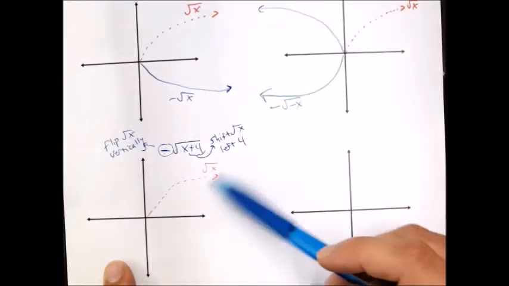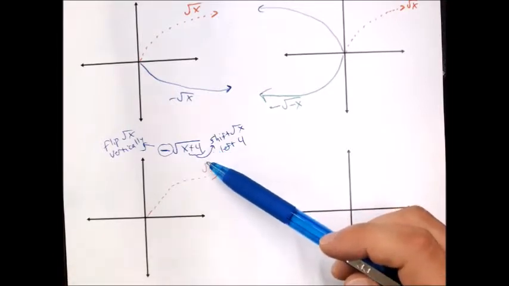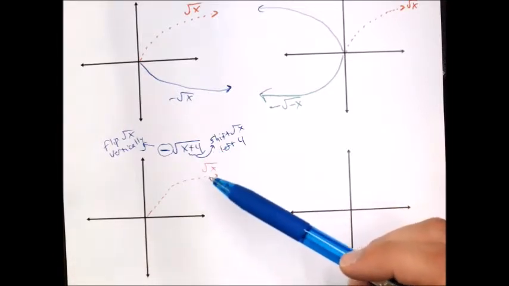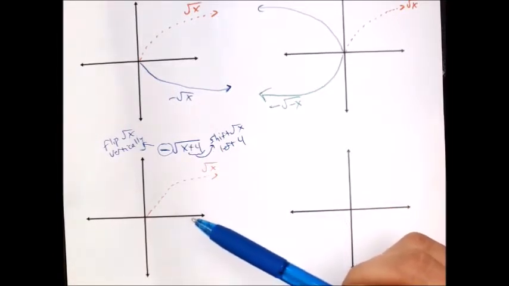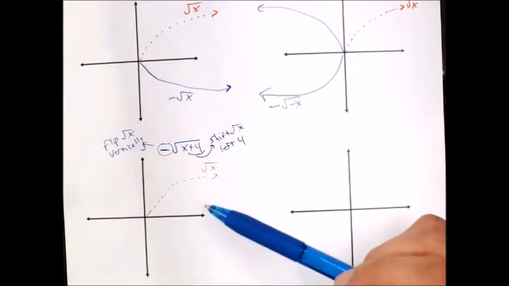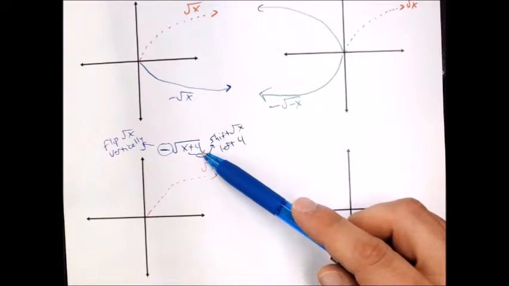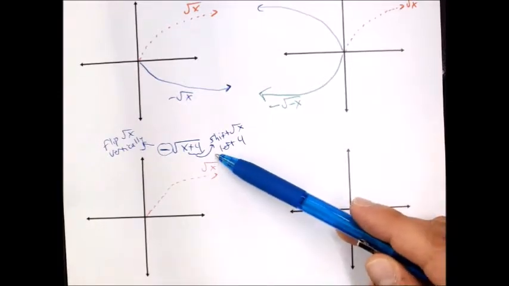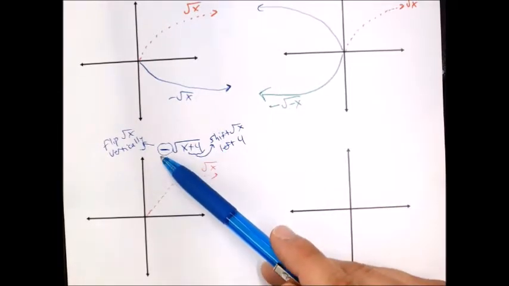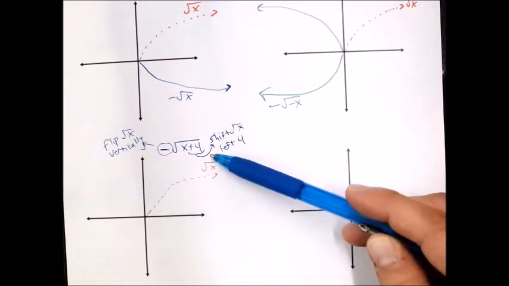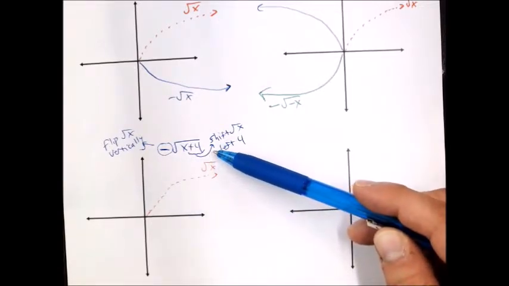Remember, this is the one that's a little counterintuitive. When I see something that says plus 4, I want to move it to the right, because plus means to the right. But just remember that it's the opposite in some sense of what you might think. So we're taking the square root and flipping it upside down because of the negative, and then we move it to the left because of the shift.